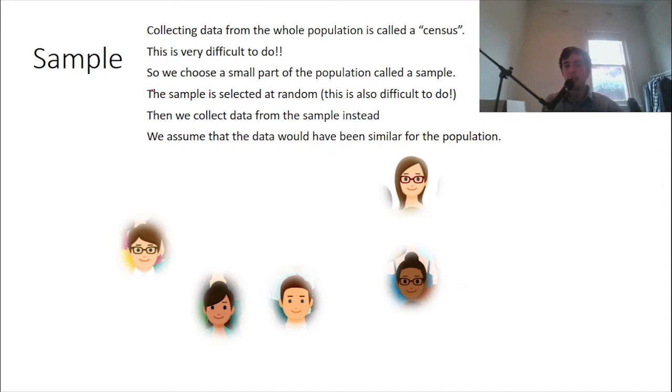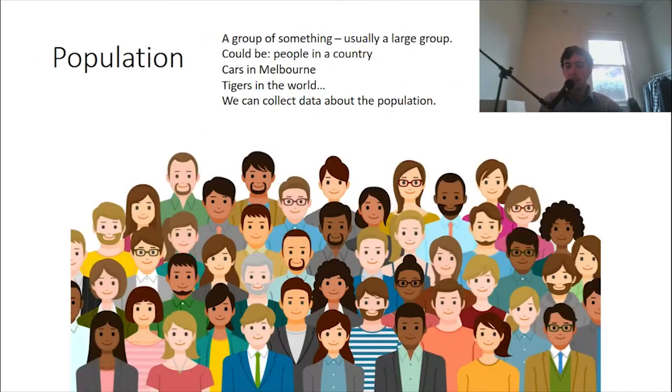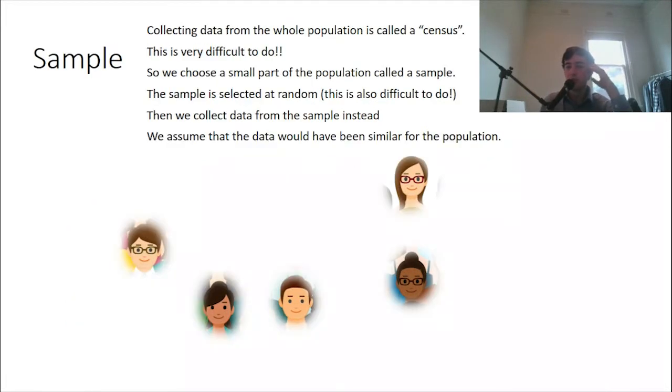So basically, we choose a small part of the population, which is called a sample. So you can see here's the population of a group of people. And there's so many people, it would take us a long time to ask them all questions or to write down information about all of them. So we'll just choose a few people, a sample, and we basically select them at random. I've selected these people randomly.